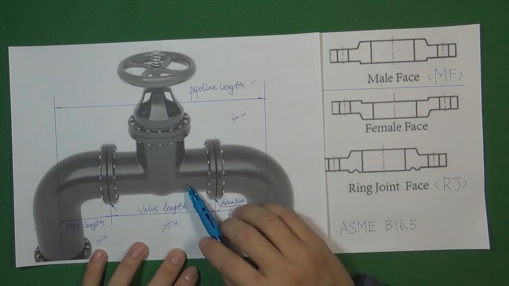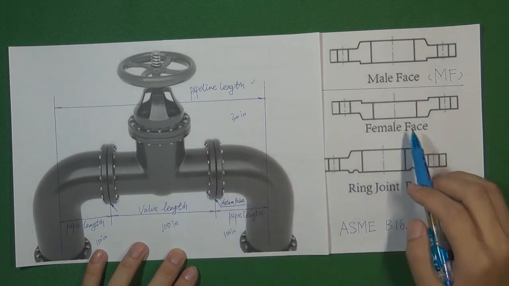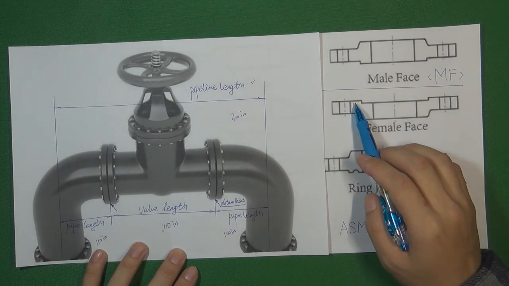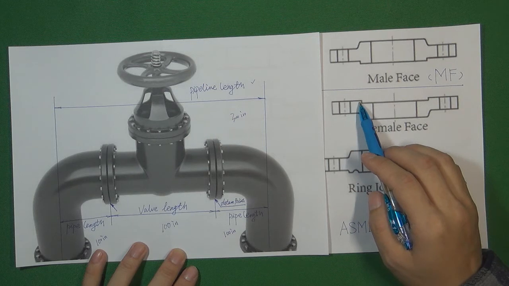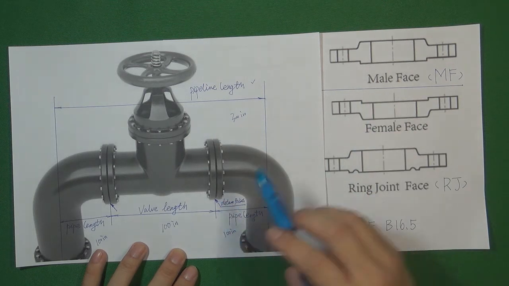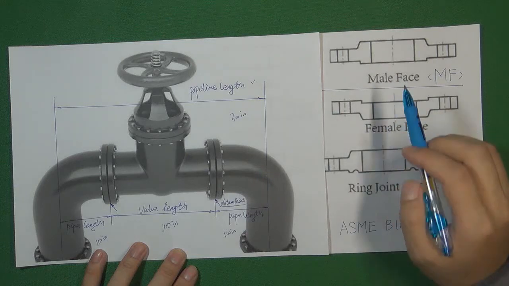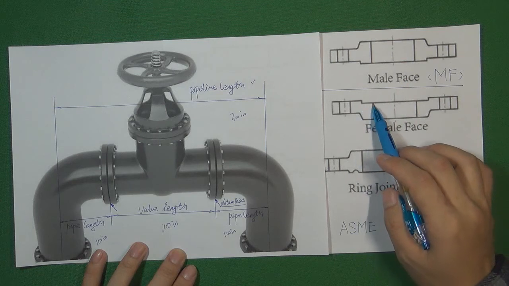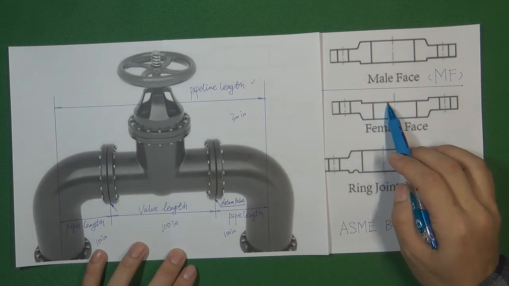Because for the valve, we are going to use the female face. With the female face connection, the extreme end area is not going to touch the pipe flange male face. The real area that contacts the male face is the step area, this area.